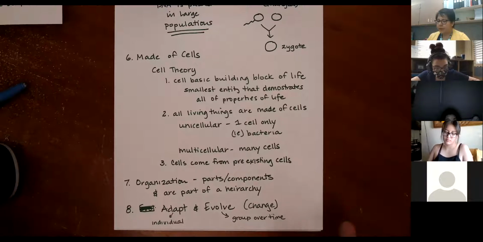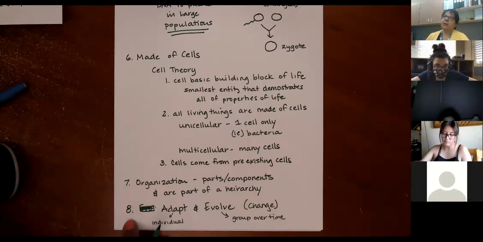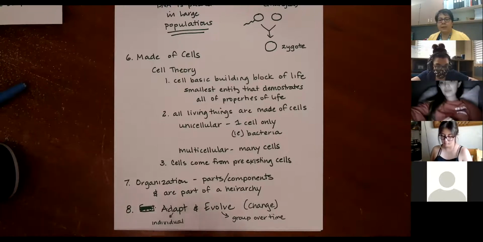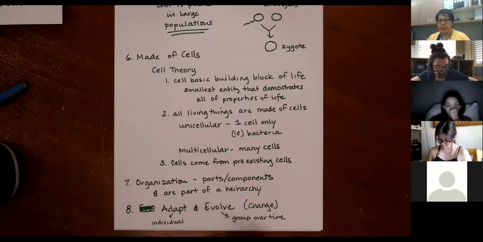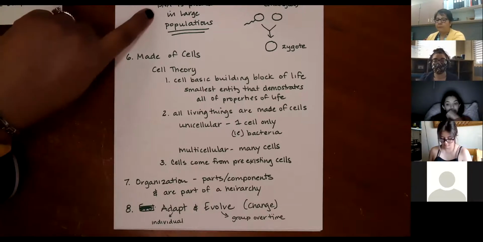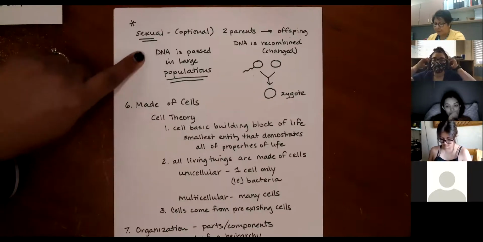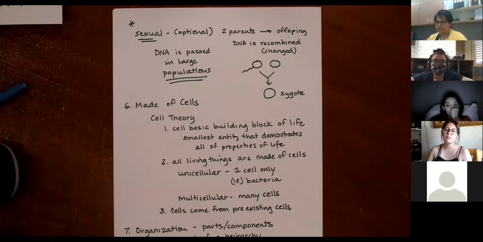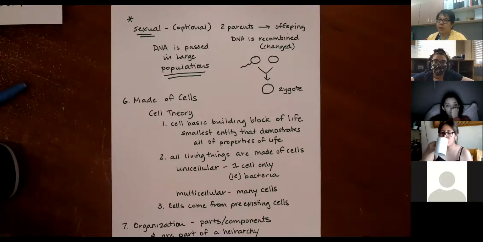So it doesn't matter, like I mentioned, if I make a list of 8, or if you go online and you see a list of 6 or a list of 5, these characteristics are still considered to be all examples of things that you must exhibit in order to be a living thing. You have to do all of them, with the exception of sexual reproduction, but you have to do all of them in order to be considered a living thing. You can't just do most of them, you have to do all of them.